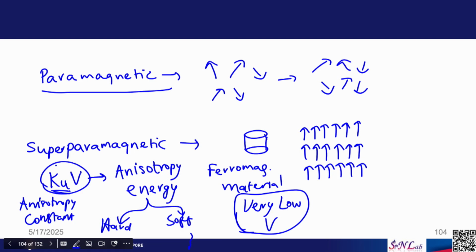Now, let us come back to this particular case. You have a particle with a very low volume. Even if this particle has a reasonably high anisotropy constant, because the volume is small, you can say the KuV is low.